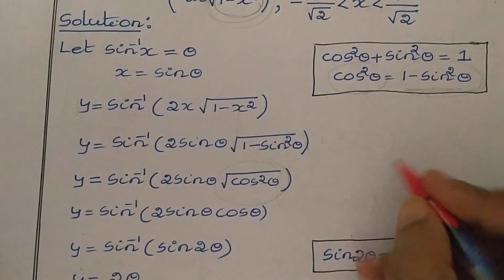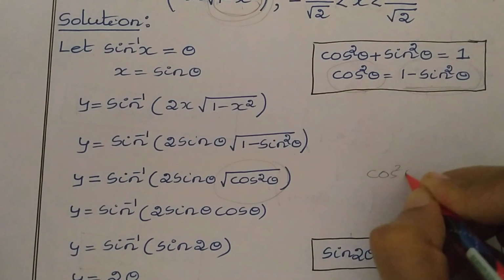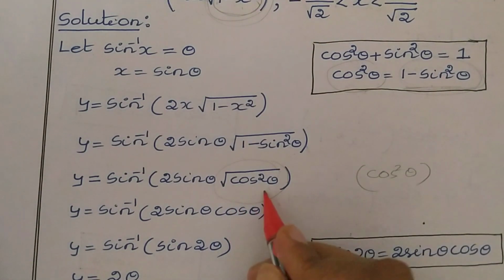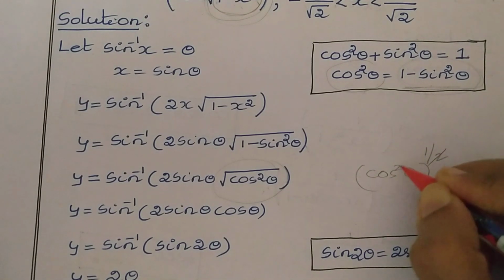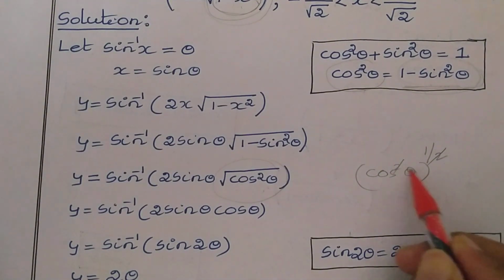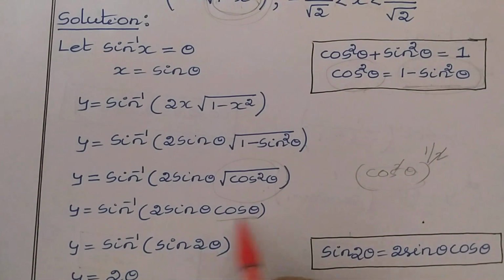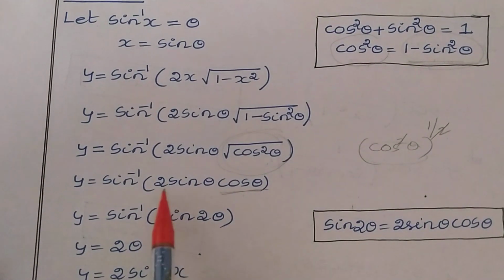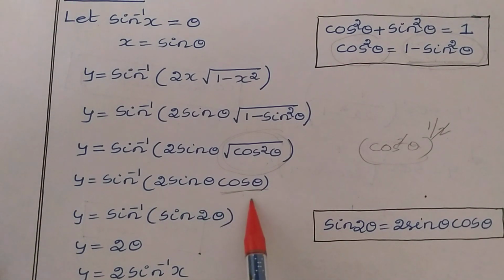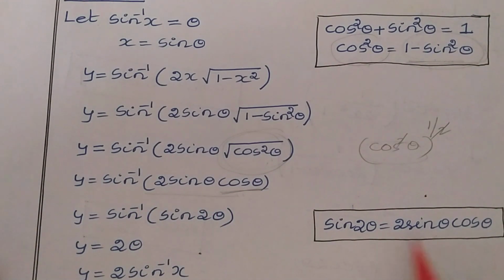See, this is nothing but cos square theta and then we have a square root. Square root is nothing but to the power half. So this and this will get cancelled here. So we get here just cos theta. Next here we have 2 sine theta cos theta. For this again we have a trigonometric identity. Sine 2 theta is equal to 2 sine theta cos theta.